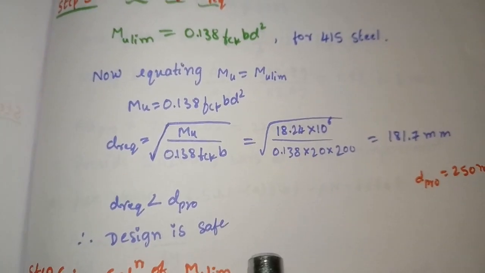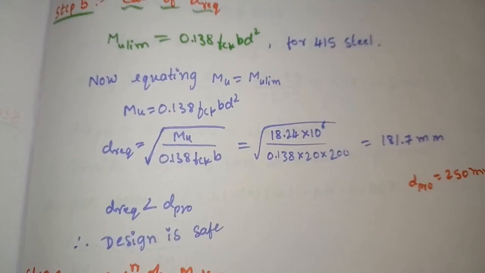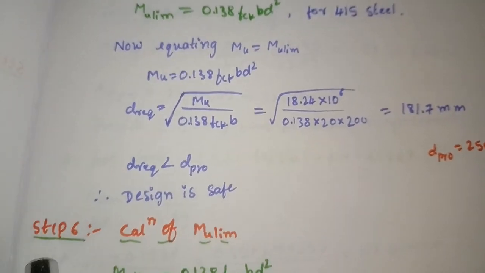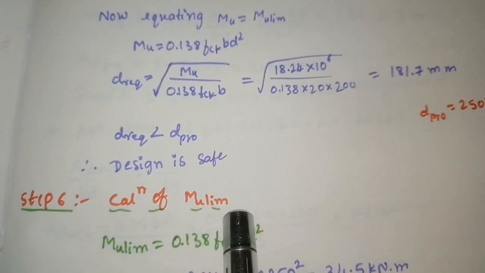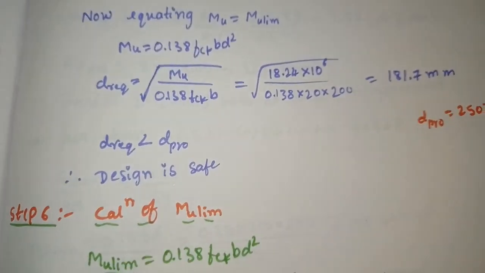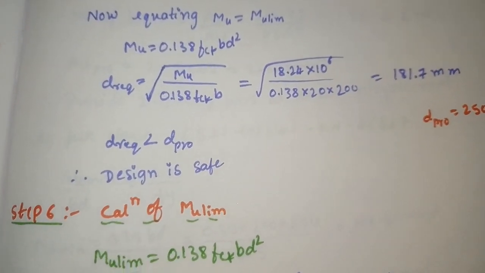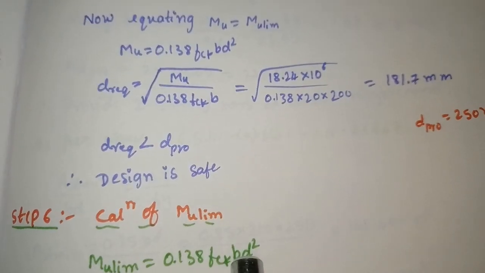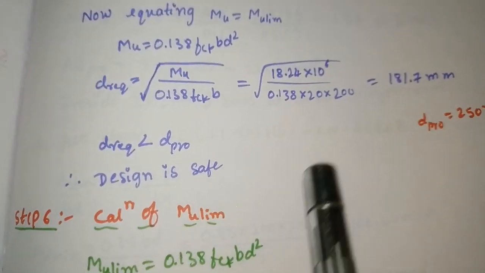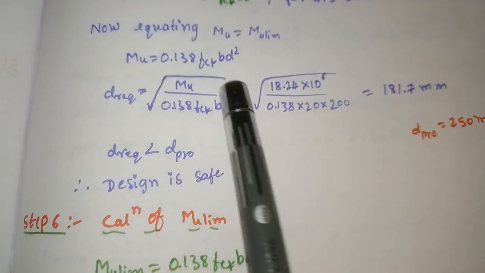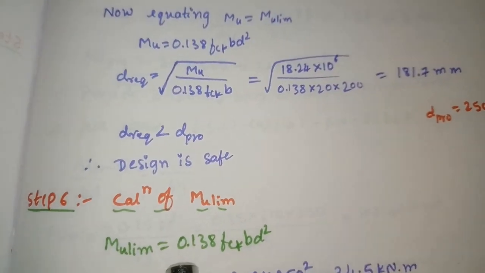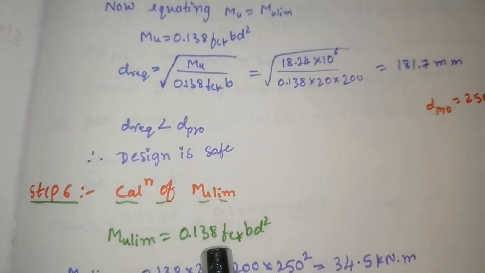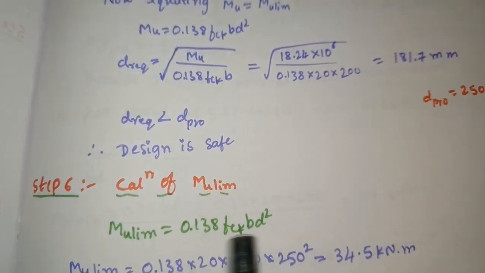So after this we'll go for the calculation of the Mu limit. So the next step is to calculate the Mu limit. For that we have the same formula. Mu limit is equal to 0.138 FCK BD square, which we have used for the D check. Same formula we are using for Mu limit calculation. So substitute all the values.